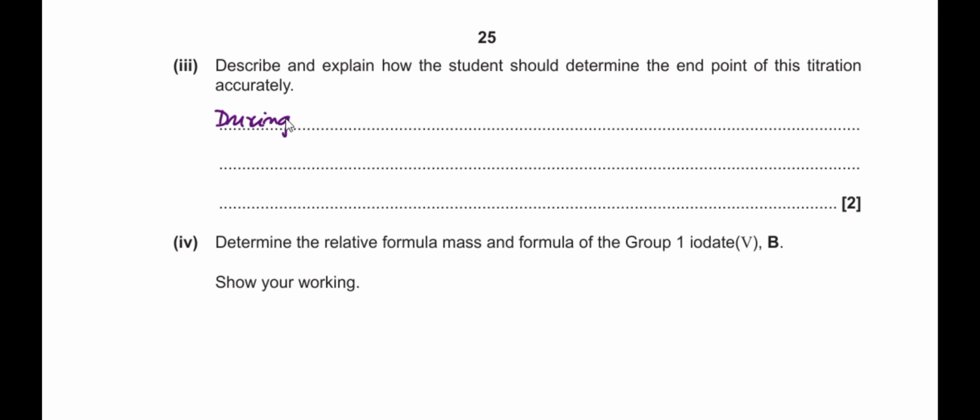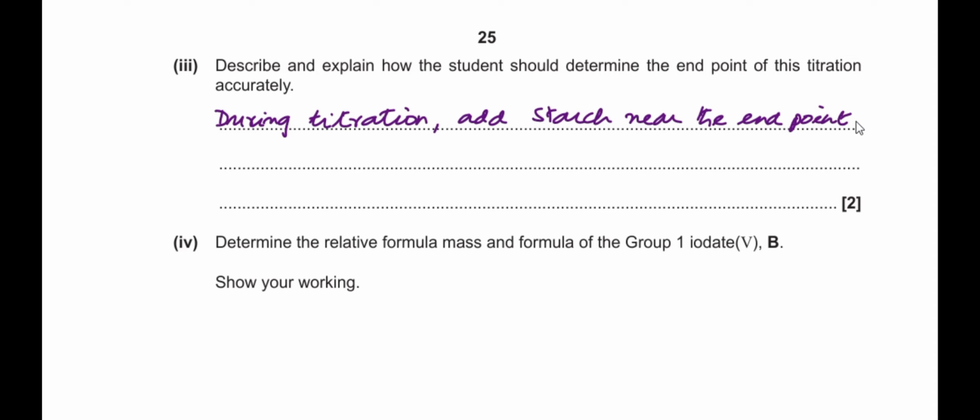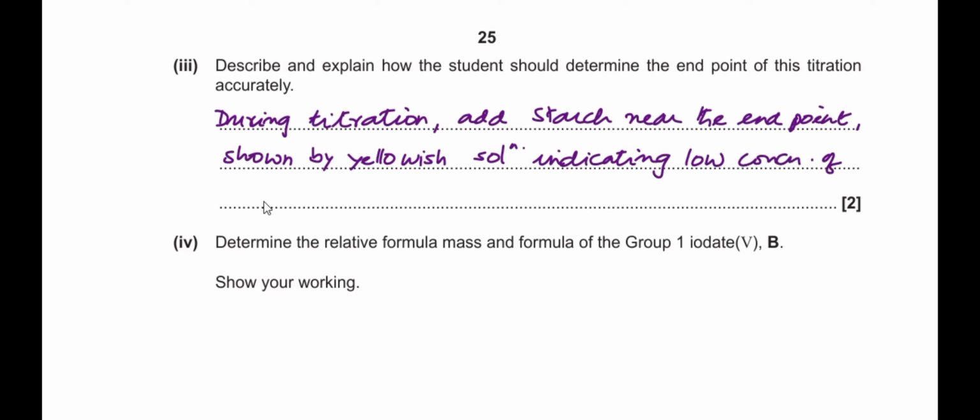During titration, add starch near the end point shown by yellowish solution indicating low concentration of iodine.